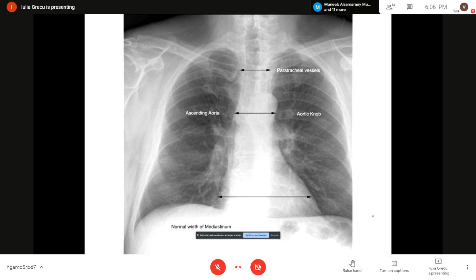It's called cardiothoracic index, and it should be less than 0.5 as a percent. The same thing that I said before, here is the aortic knob or aortic arch, and here you can see a more prominent right superior arch, which is determined most probably by the ascending aorta.